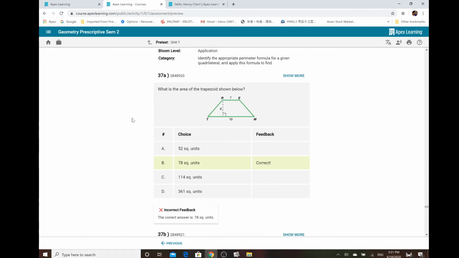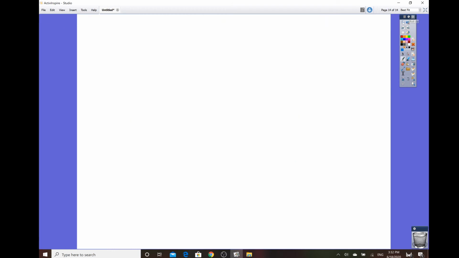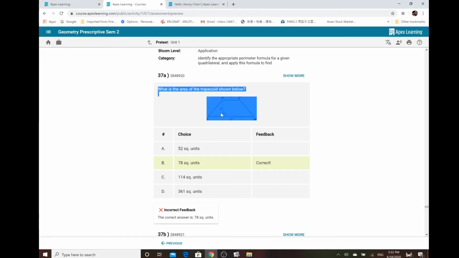And what about a trapezoid? Let's do this one on a different slide. The way to find the area of a trapezoid. Okay, so once again, copy and paste, and I also need the diagram as well.